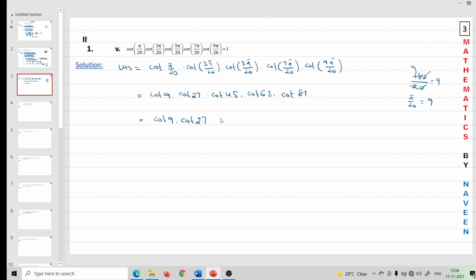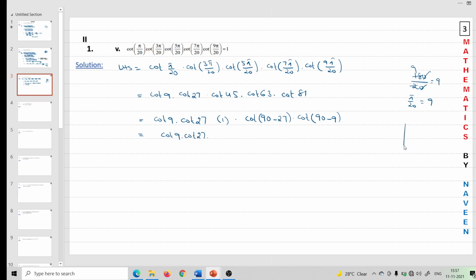What is cot 45? It is 1. Cot 63, I am writing as 90 minus 27, yes, 90 minus 27 is 63. Into cot 81 can be written as 90 minus 9. Clear? That is cot 9 into cot 27 multiplied by 1.